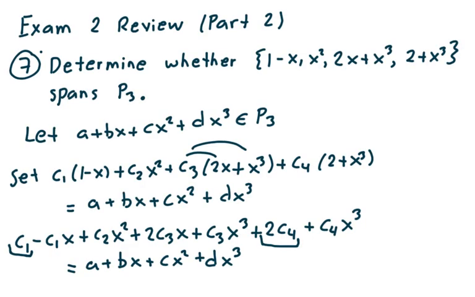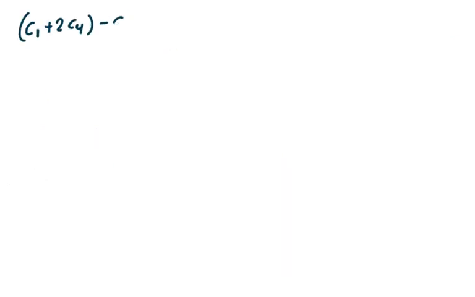So I'm going to write c1 plus 2c4 right here. Now, I'm going to go minus c1x plus 2c3x.